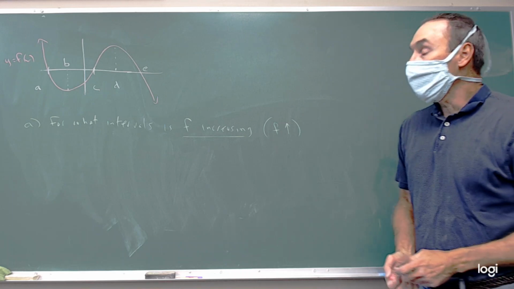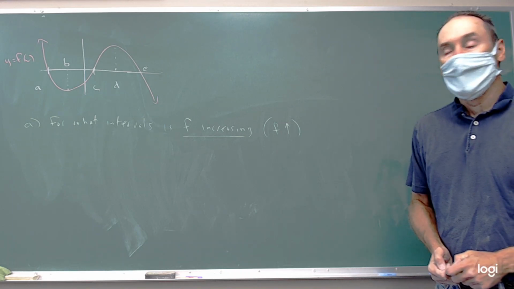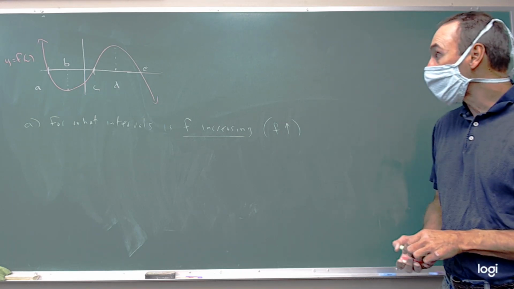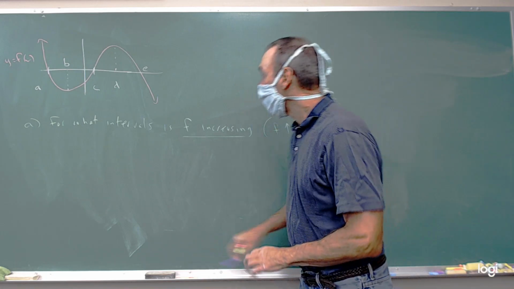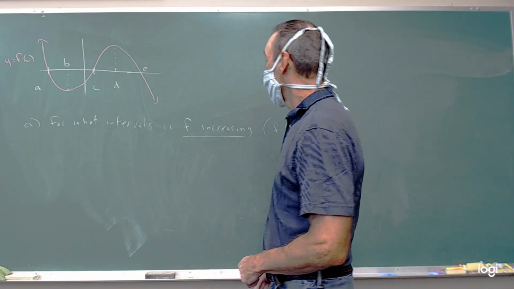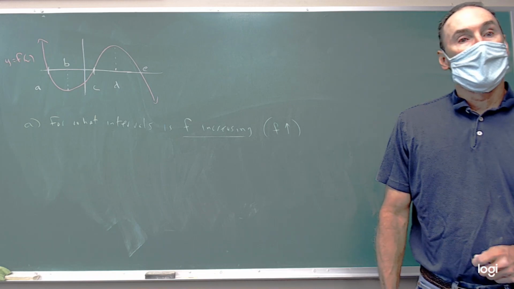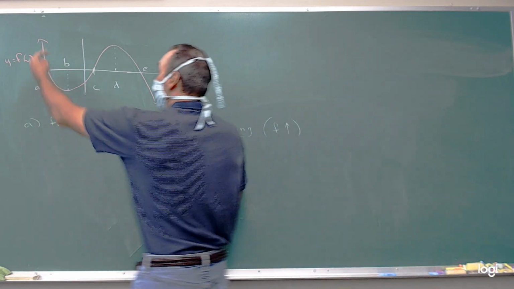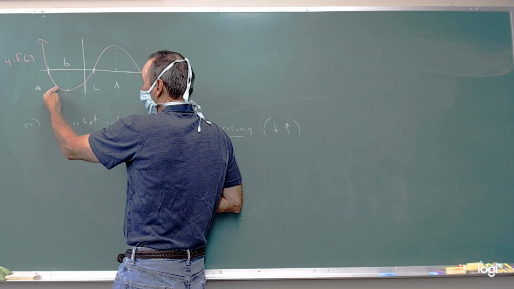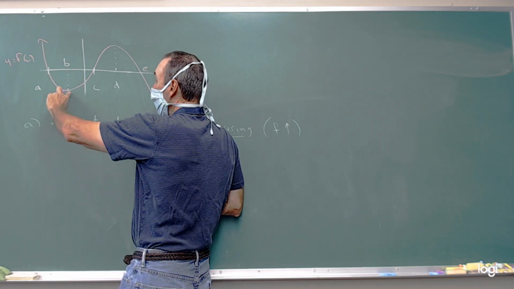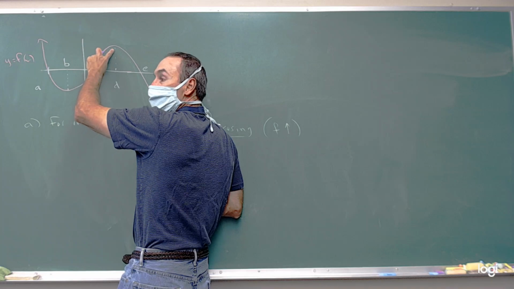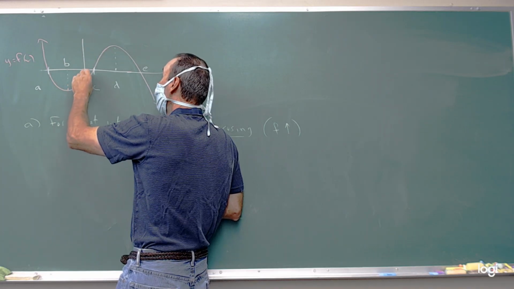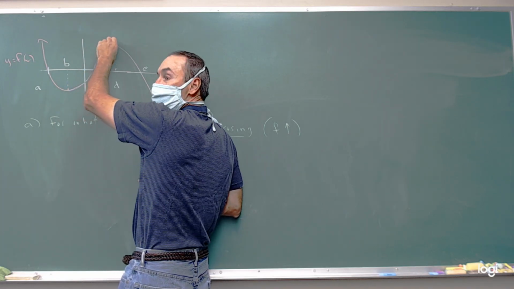So we want to know, where is f increasing? When we look at this, the idea is it's going to be increasing where the curve is rising from left to right. So not here, because now it's falling, and then we get to here. Now as we keep going, it is rising from left to right. So along here, this function is increasing.